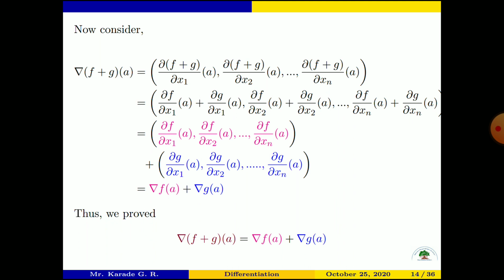The first vector is dou f by dou x1 at A, dou f by dou x2 at A, up to dou f by dou xn at A, plus the blue vector, which is dou g by dou x1 at A, dou g by dou x2 at A, up to dou g by dou xn at A. The first magenta colored bracket is nothing but the gradient of f at point A, plus the gradient of g at point A.